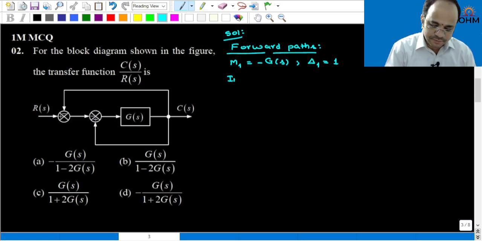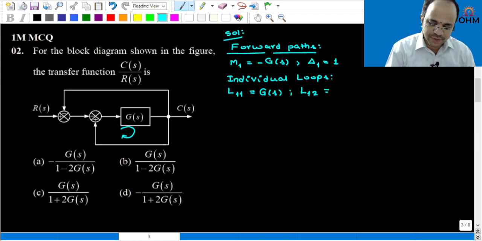Next one, individual loops. So, individual loop L11 is equal to, so this is one loop, hence I can take G of s, and L12 second individual loop, that is another loop in that way. So, that is minus G of s multiplied with minus 1. This will give you G of s.